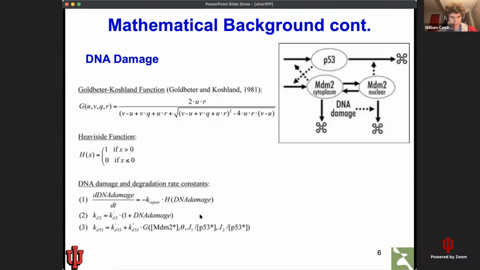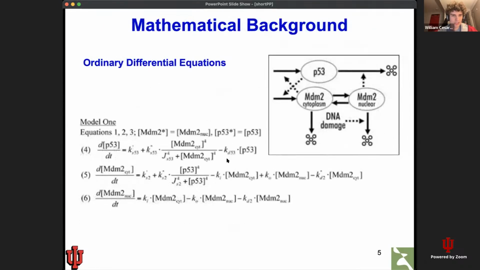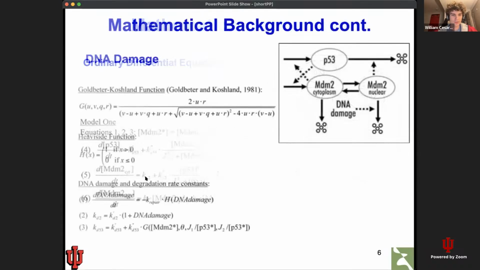And I think that's all I want to say. KD53 is the decay constant of P53. And this is important because, remember, this is here, and this is affected by MDM2 in the nucleus. So this is how they model it.